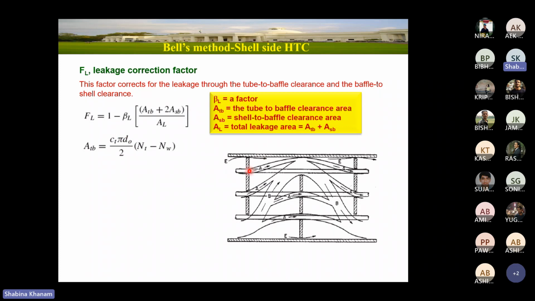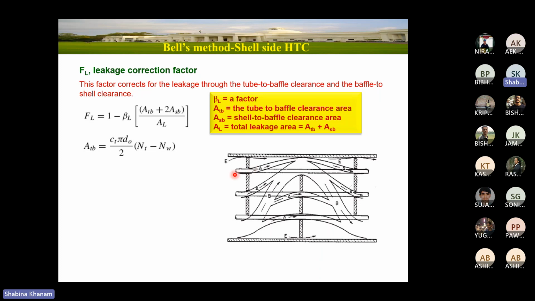CT is this gap, the gap between baffle hole and OD, by 2. So CT is the baffle to tube clearance divided by 2. Pi d naught is the outer periphery, into CT. So it will give the length.